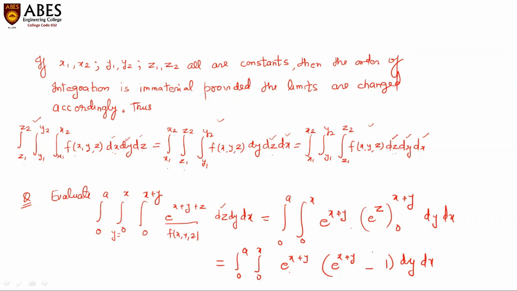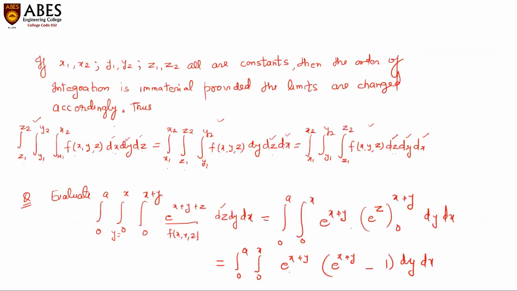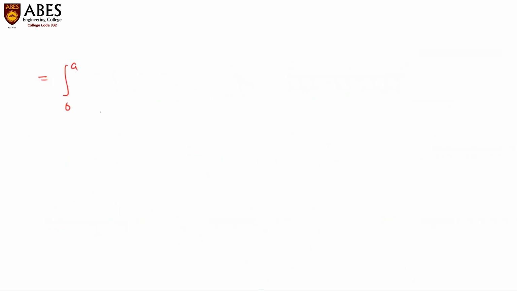Then what will we get? Limit from 0 to a, 0 to x, e to the power 2x plus 2y minus e to the power x plus y, dy dx.